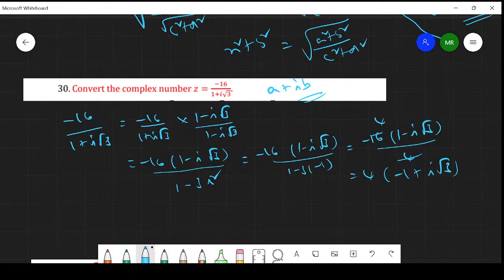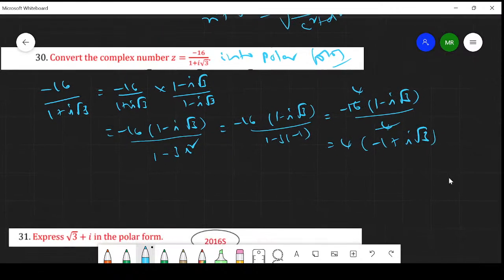So here I think it is better to express this in polar form. Convert the complex number into polar form. I will explain polar form, or I can say modulus amplitude form or mod argument form. Up to here, I wrote it easily in a plus ib form.